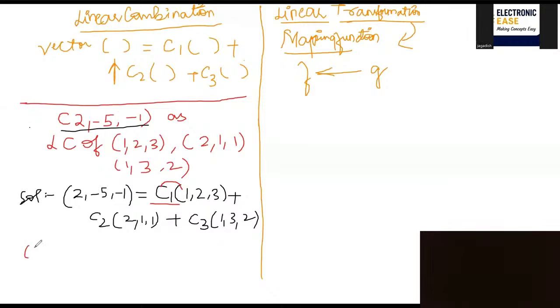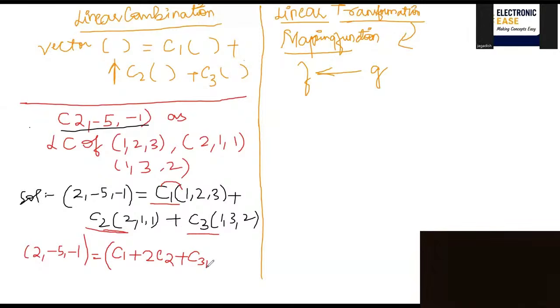So I will teach you. (2, -5, -1) equals: the first element here is C1. Next, the first element over here is 2, so plus 2 into C2. Next, plus C3. So this will be the vector 1.